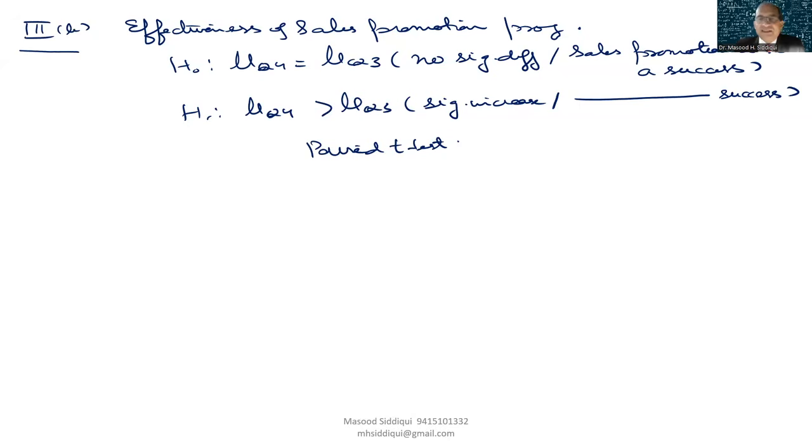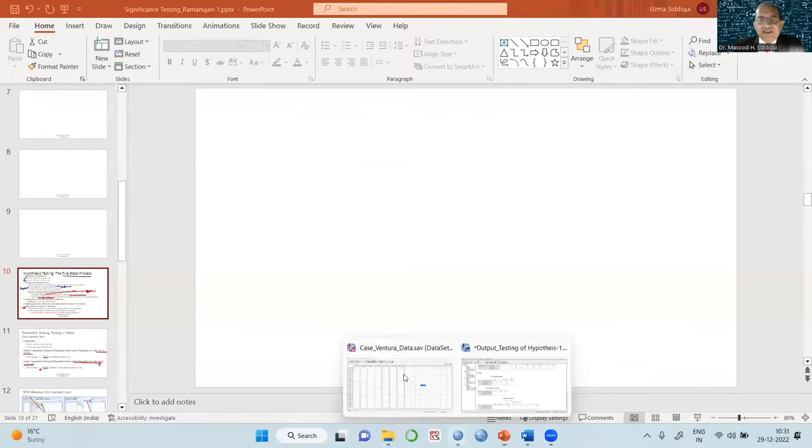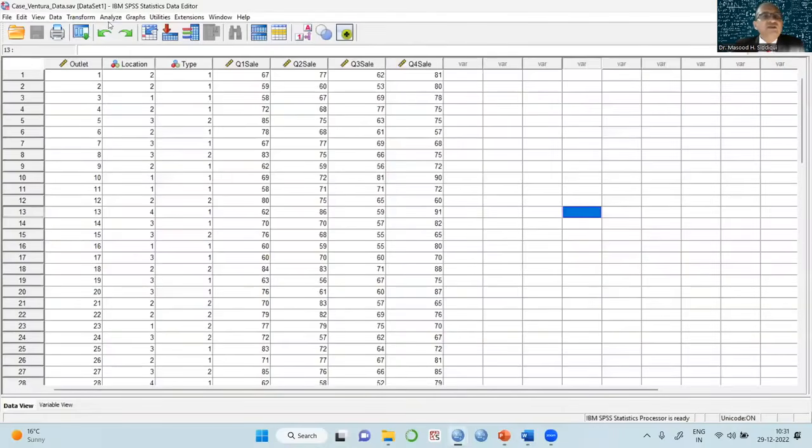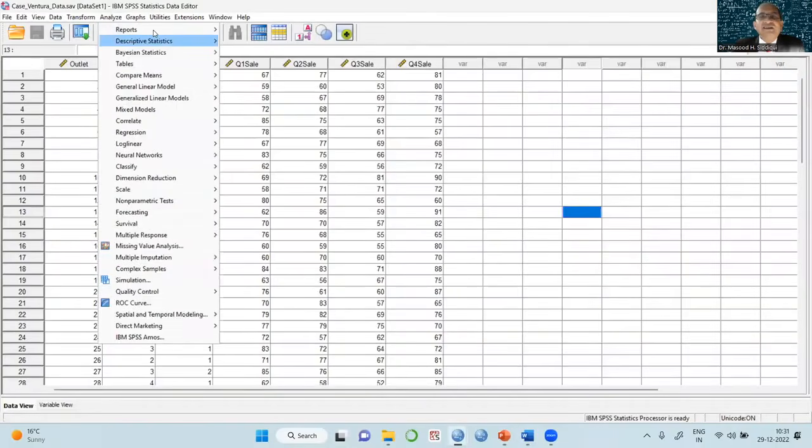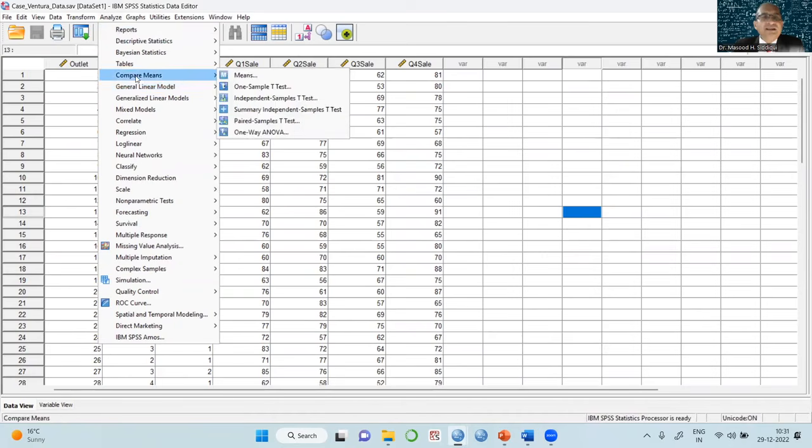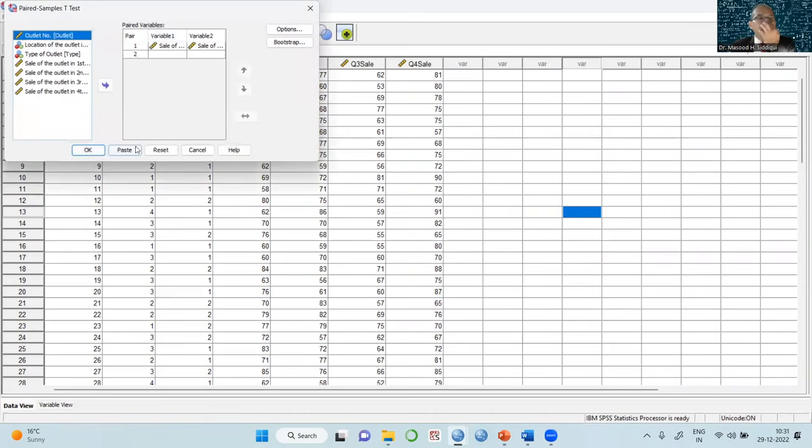I am running this test using SPSS. So we go to analyze. Then we go the same path, compare means. Then in compare means, we have the paired t-test and we will be selecting these values, that is the fourth quarter sales and the third quarter sales.